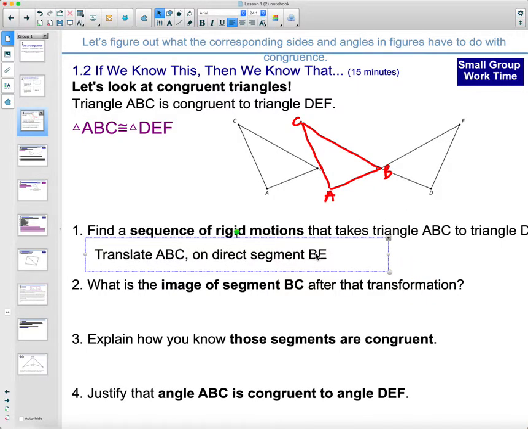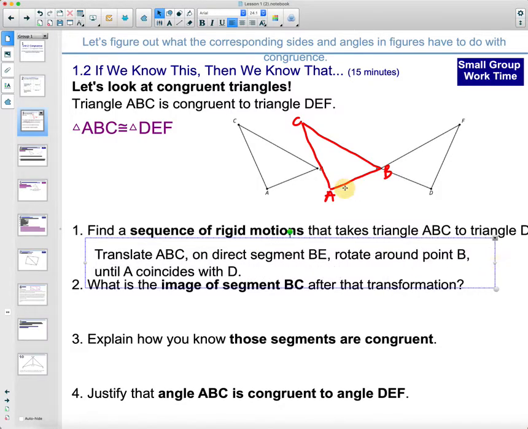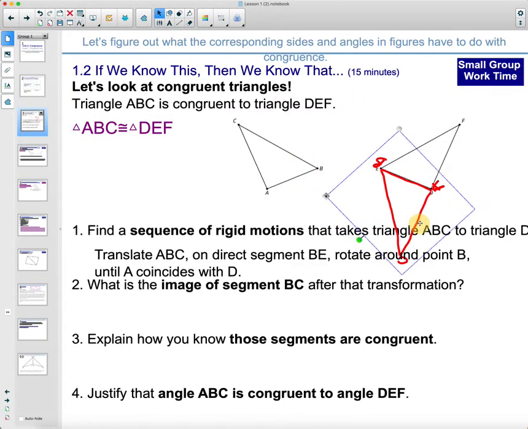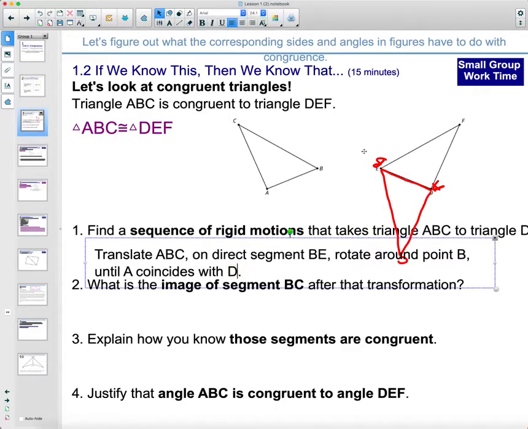Then we could rotate around point B until A coincides with D, or lands on top of D. If I then rotate this, keeping B in the same spot, so keeping B on E, that lines up AB with DE.